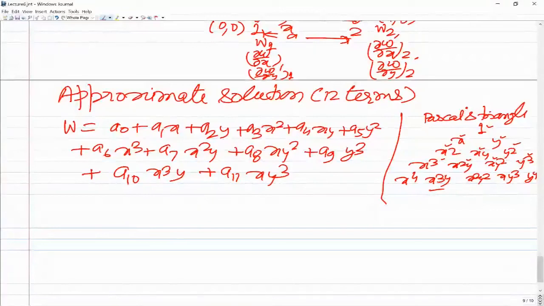We give preference to the lower power terms. So instead of x power 4 and y power 4, we are giving preference to x cube y and xy cube. That is cubic in x and linear in y, linear in x and cubic in y.